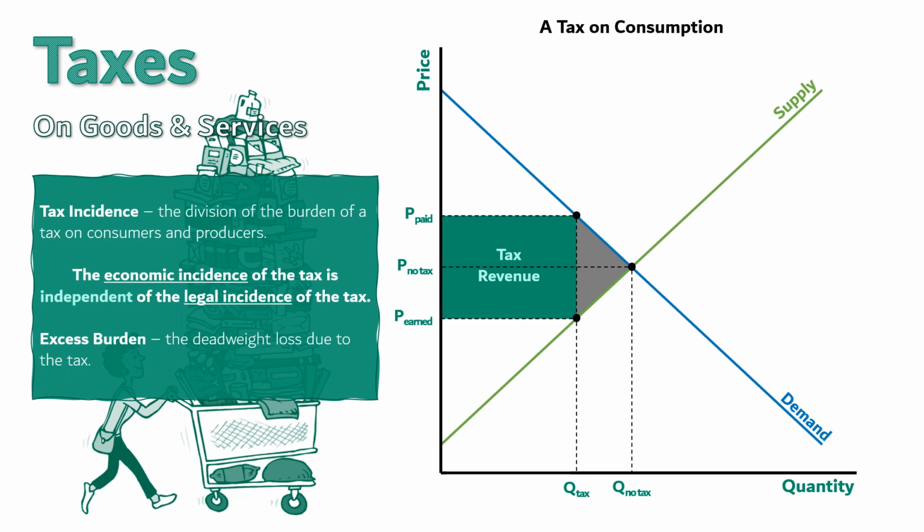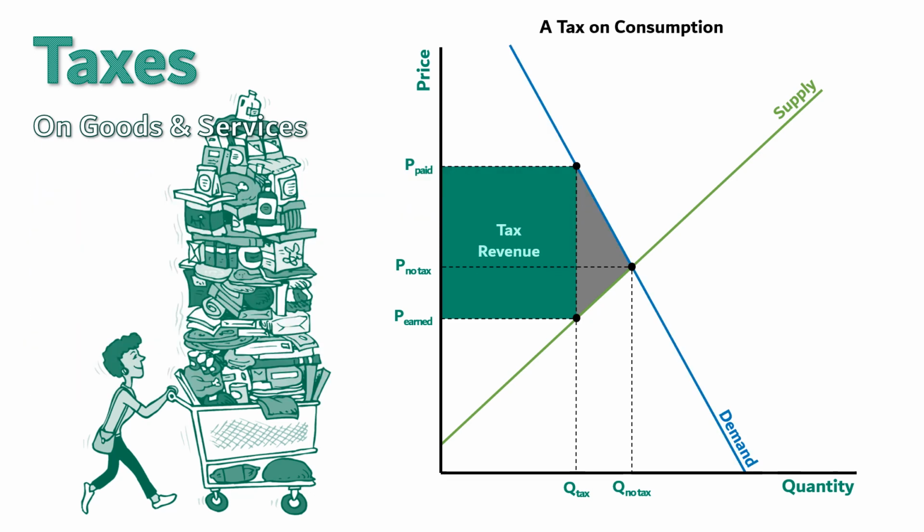That is the deadweight loss, which represents the consumer and producer surplus lost because the $10 tax makes those mutually beneficial trades impossible. So, will it always work out that consumers and producers split the tax burden equally?